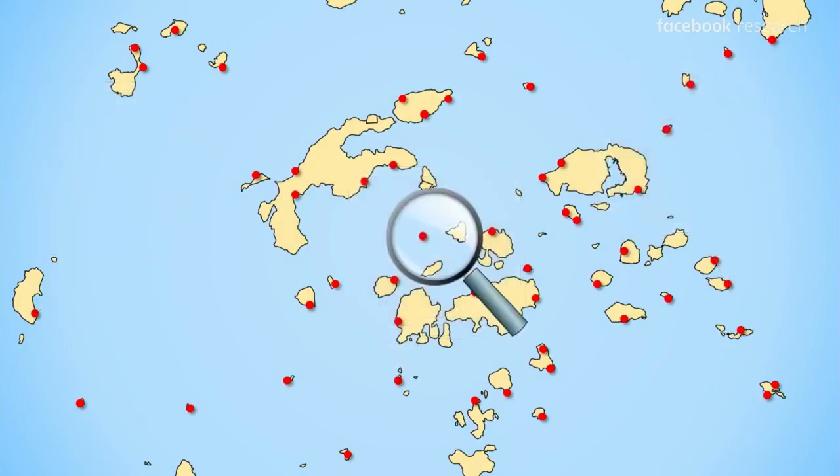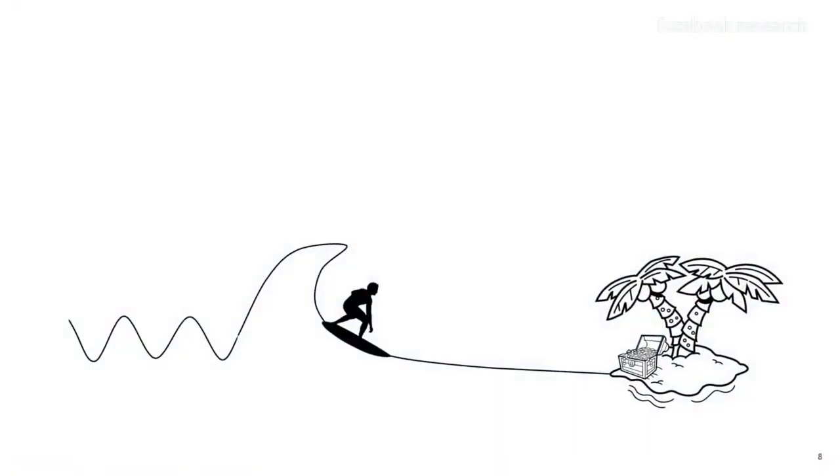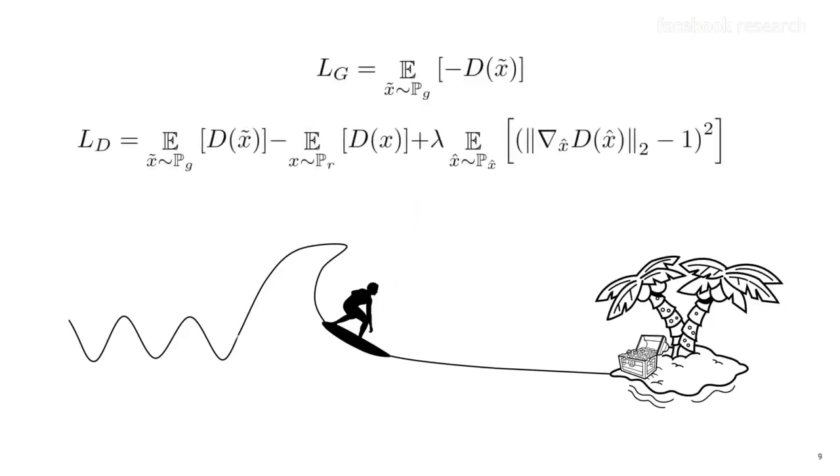Let's take a closer look at one of these dots. Our view of the situation looks like this. The generated sample is the surfer guy who is seeking the shore. Everything is governed by the loss functions, in our case, the improved Wasserstein. Most importantly, gravity is pulling the surfer down.